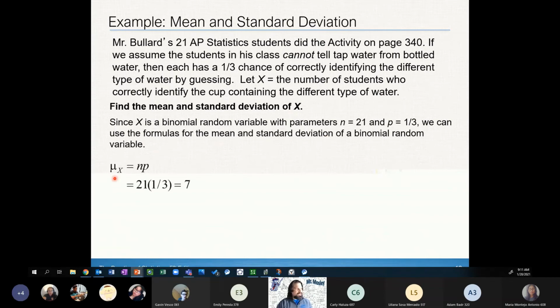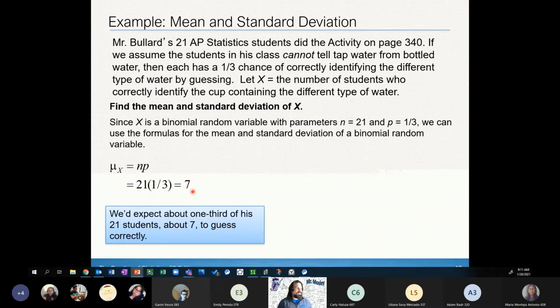Very good. So the mean of X, or the expected number of students who would correctly guess the water, is n times p, or 21 times 1/3, or 7. So we'd expect about 1/3 of his 21 students, about 7, to guess correctly.